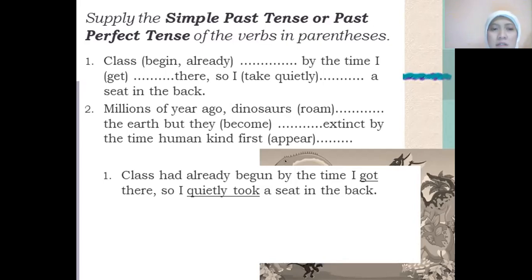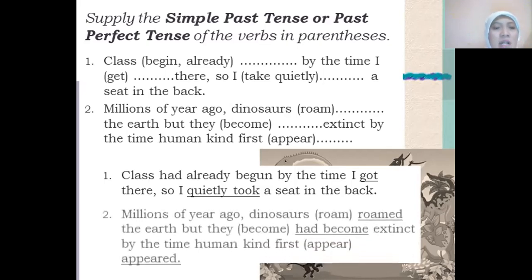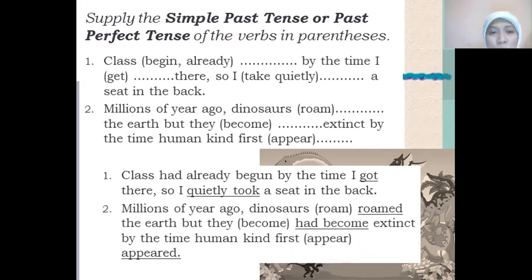So millions of years ago, dinosaurs, yes, we use simple past, roamed the earth, but they become, in here, because we have the clue, by the time, we will use past perfect. But they had become extinct by the time humankind first appeared.